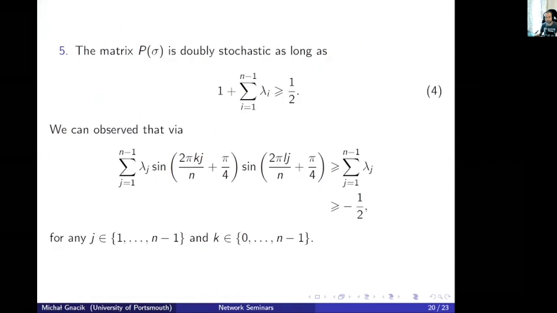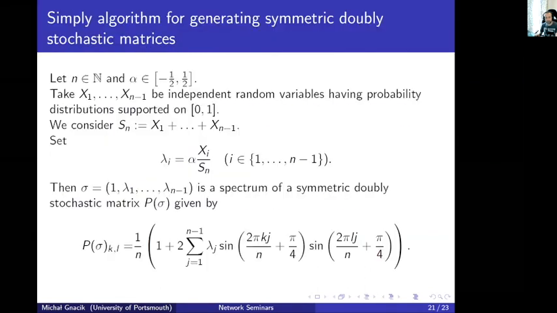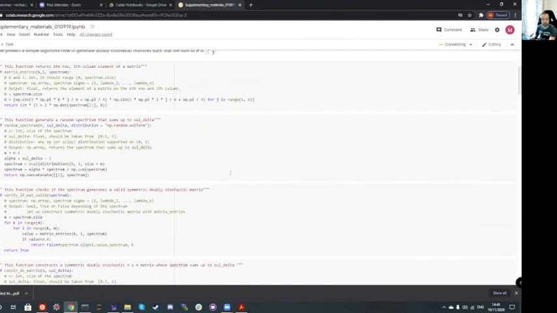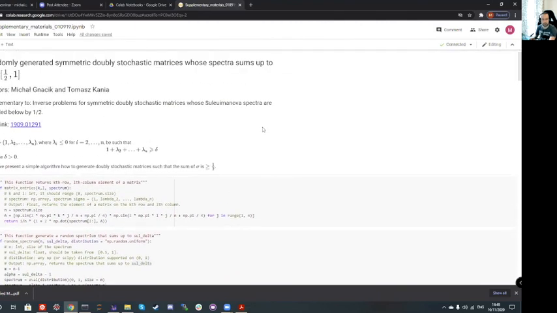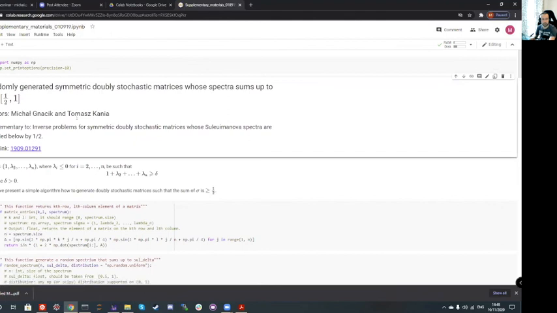I promised examples in my abstract. The problem with examples is that when I take n to be big and I'm not having any pictures, like graph pictures, it would be hard to see. What I can refer to is that I've written code in the paper that you will be able to see in the references, the paper that I've written with Tomasz Kania.